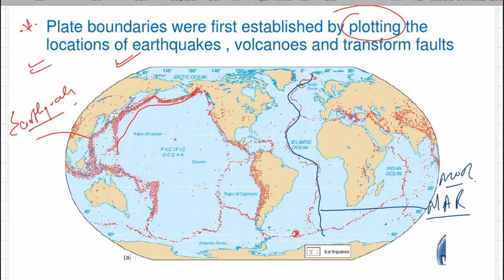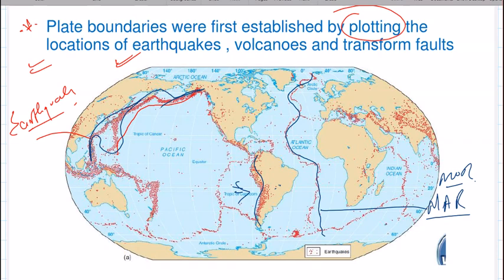Okay, major earthquakes happen in the convergent region, like in the Andes, where the Nazca plate is subducting beneath the Pacific plate, right? And in the convergent region you can see you have a very vast number of earthquakes, while in the divergent region there are earthquakes but they are very shallow.